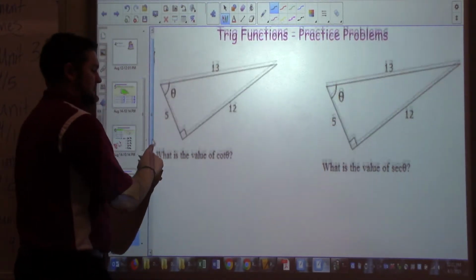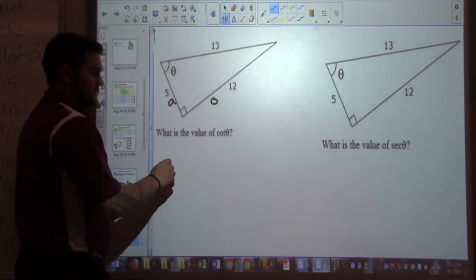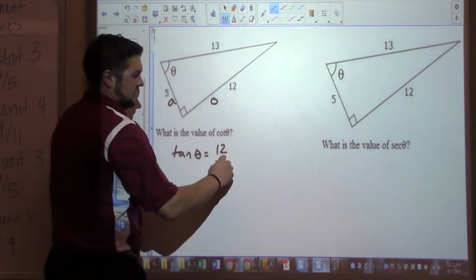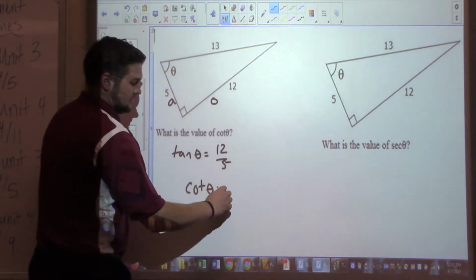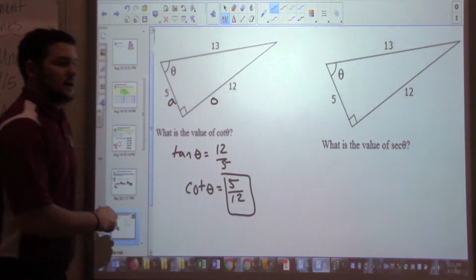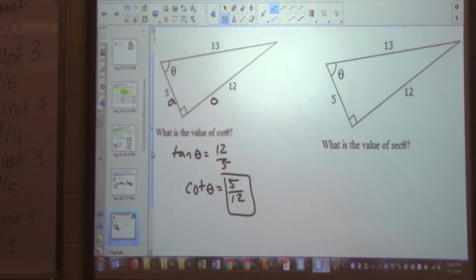So we want the opposite of tangent. Well, tangent is opposite over adjacent, right? So if the tangent is 12 over 5, that means the cotangent is 5 over 12. Now, obviously if you can remember that cotangent is adjacent over opposite, you don't have to write out the tangent.